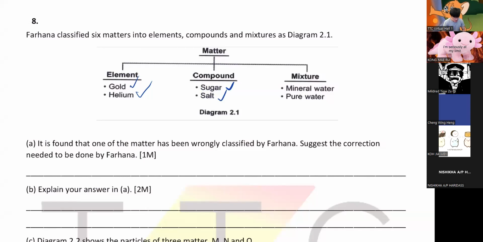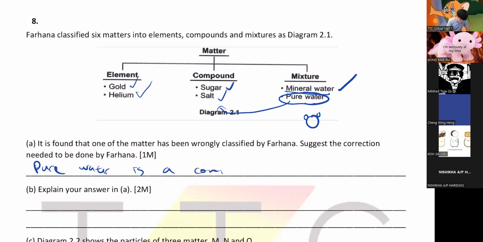Yes, the answer is pure water. Pure water is wrong because pure water is a compound. Mineral water is a mixture, correct? Because you can separate the water from the mineral salt easily, right? Water is H2O, so H2O is a compound. So you should say pure water is a compound.